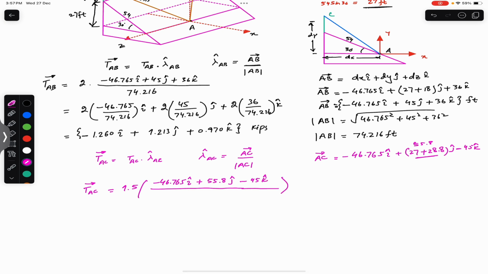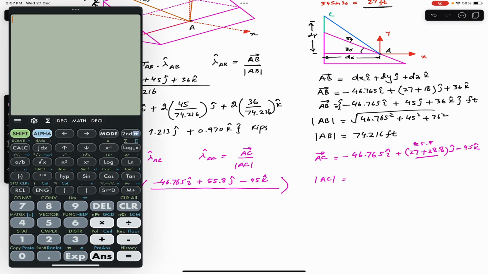And let's find the magnitude. The magnitude of the position vector from A to C is the square root of the sum of the squares of all the components. So that is 46.765 squared plus 55.8 squared plus 45 squared.